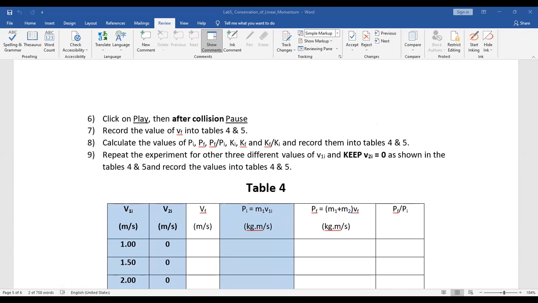Then what about initial velocity? We have to see here. This is inelastic collision. Then M1 is 3 kilogram, M2 is 2 kilogram.